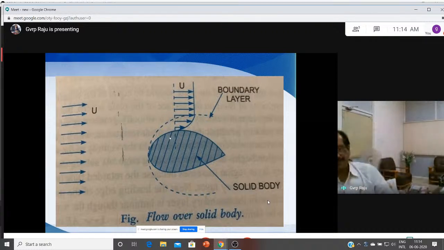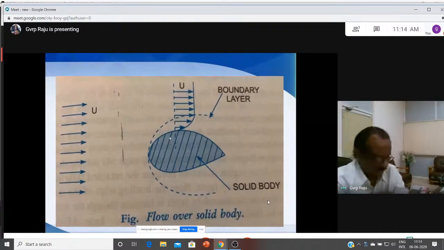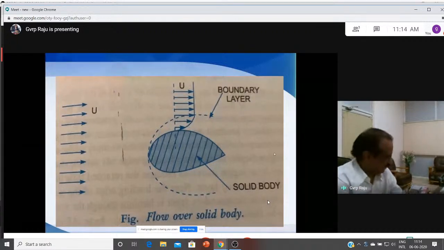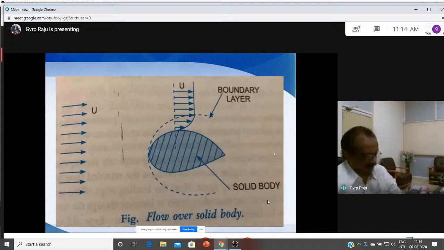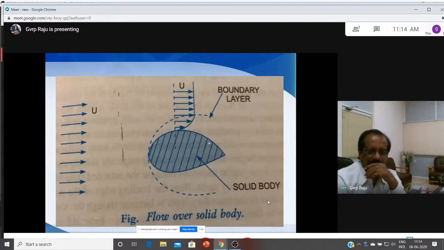And the second aspect is acceleration of fluid in the boundary layer. So that means you have the boundary layer here, and now you are accelerating the fluid inside the boundary layer.